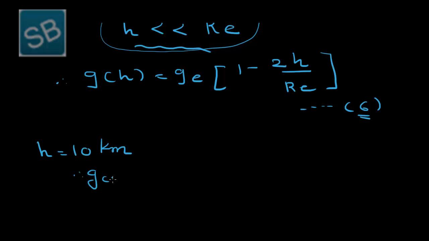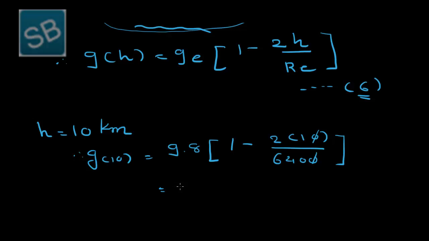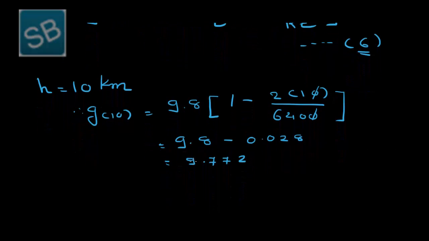Therefore, g at 10 is equal to the value of gravitational acceleration 9.8 into 1 minus 2 into height, again 10 km, divided by the radius of the earth, which is 6400 km. So 10 is cancelled out, and after simplifying we will get 9.8 minus 0.028, that is equal to 9.772, which is very near to 9.8 meter per second square.